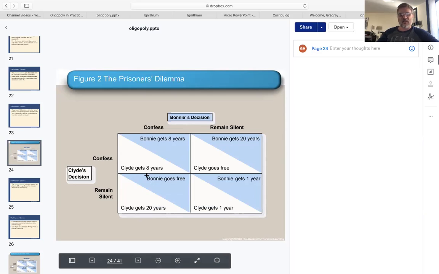So if Bonnie chooses confess, 8's better than 20. If Bonnie chooses remain silent, Clyde goes free is better than Clyde does a year.